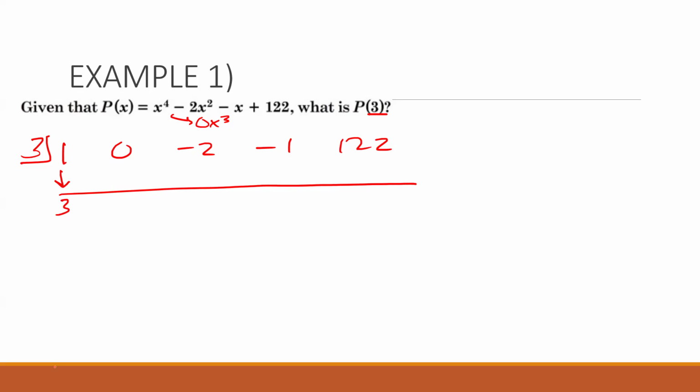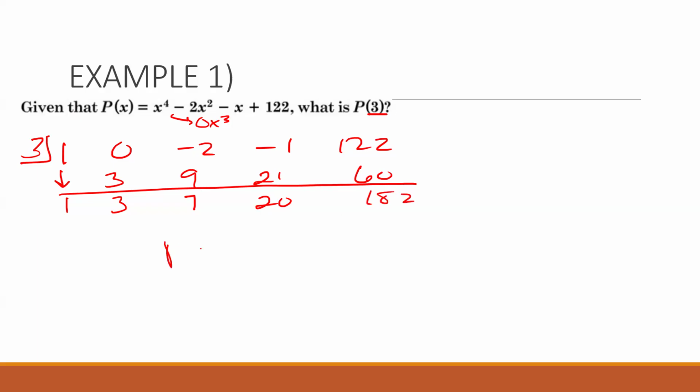What? That's not a 1. You saw nothing. I wrote the product instead of the 1. Bring down the 1. 3 times 1 is 3. 0 plus 3 is 3. 3 times 3 is 9. -2 and 9 make 7. 3 times 7 is 21. -1 and 21 is 20. 3 times 20 is 60. 122 and 60 is 182.